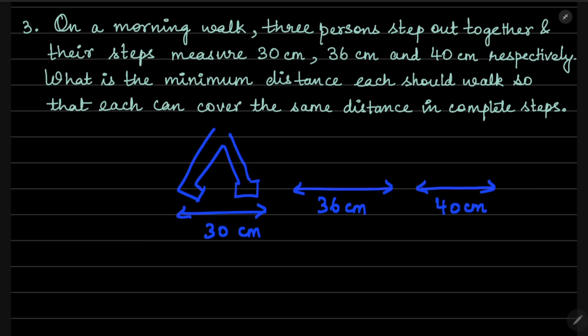Respectively. What is the minimum distance each should walk so that each can cover the same distance in complete steps? So what is that minimum distance that each one of them should walk so that the distance covered is the same, and all three of them take equal complete steps?